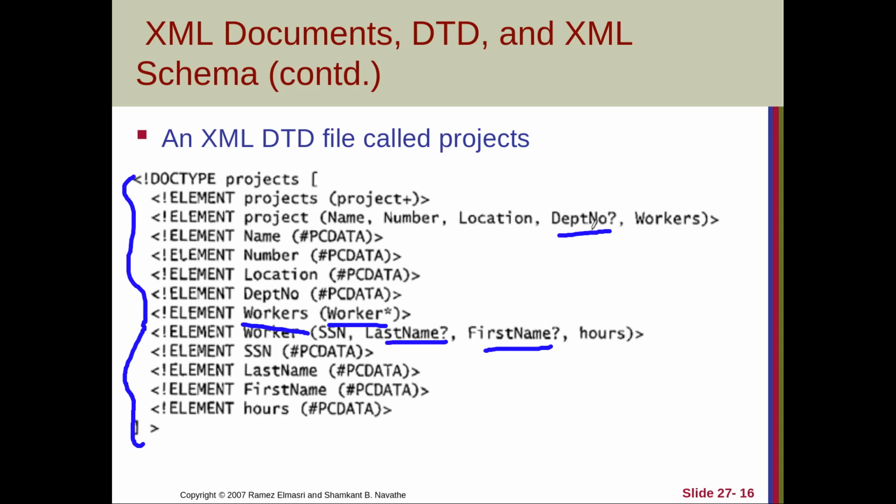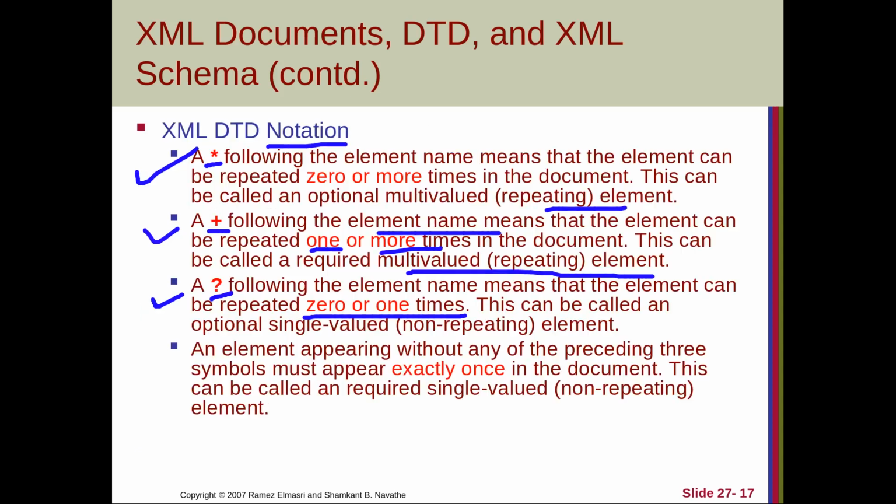That means a project will be working under no department number or a maximum of 1 department number. So this is an example of a single valued non-repeating element.